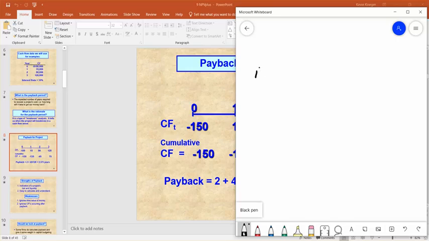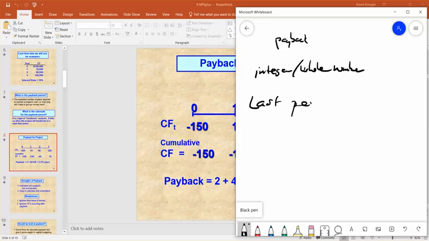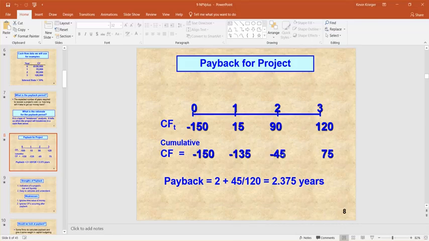But the integer or whole number of the answer, remember this is all for the payback period, is the last period with a negative balance, or cumulative, or whatever you want to call it. So in this case, the last time the balance is negative is time 2. So the answer is going to be 2 point something.